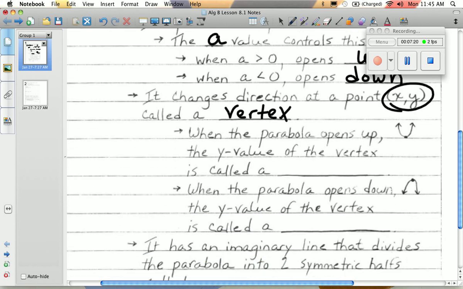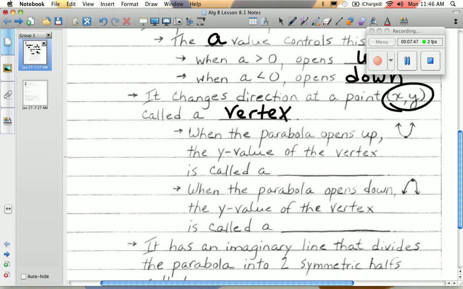Okay, well, there's also some kind of important things that they like to ask us about the graph of a parabola and some information about it. It says, when the parabola opens up, so I have a little picture there for us in our notes of that, the y value of the vertex. What's the y value? It's the second value in the ordered pair, and it's the up or the down, isn't it? So the y value of that vertex actually becomes the lowest one on there.